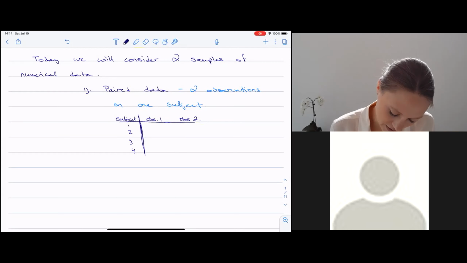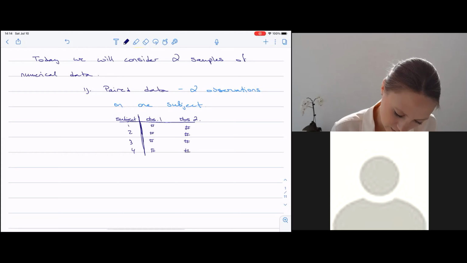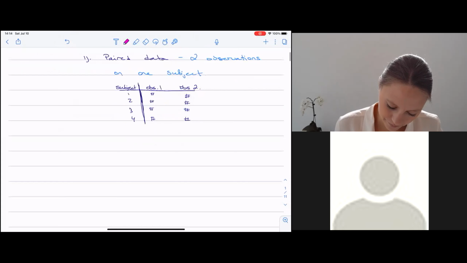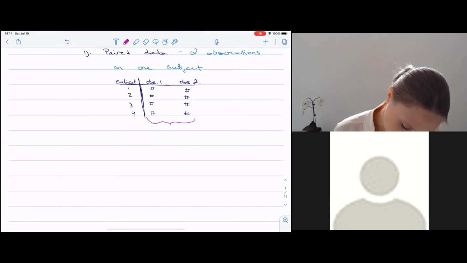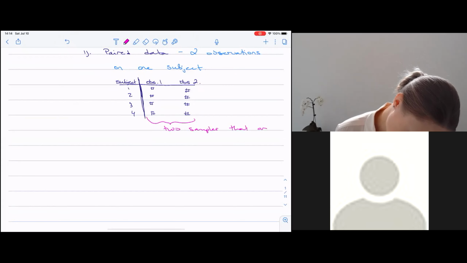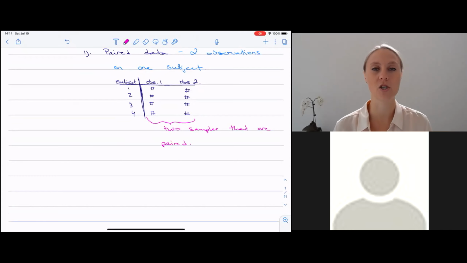So here, right, you've got maybe some number, because it is all numerical data, right? And so here, we have two samples that are paired. Right, so that's the first section I want to talk about.